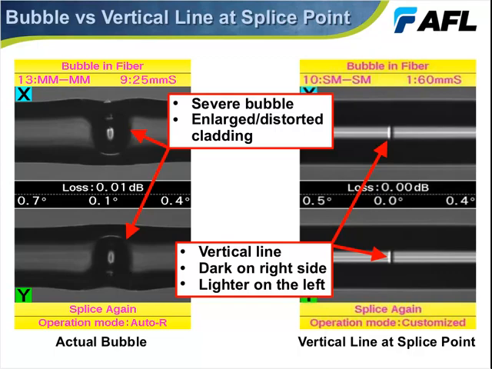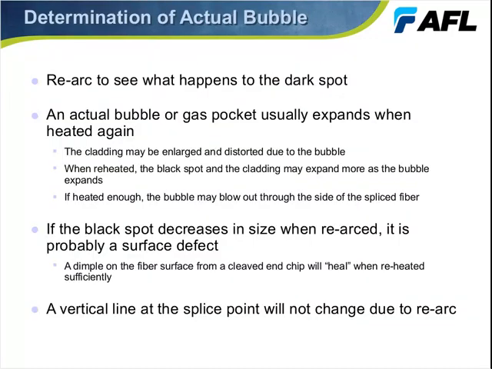So what we would want to do with the image on the right-hand side, if we recognize that with the information that I'm presenting today, is modify the alarm limit. Moving on to the next slide, let's talk a little bit more about determination of an actual bubble.